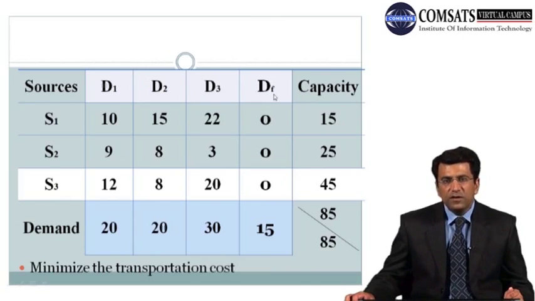Now for this destination DF, we have the demand of 15. Now what is this 15? This is actually the difference between our total supply and demand. So we have put that 15 here as the column total.